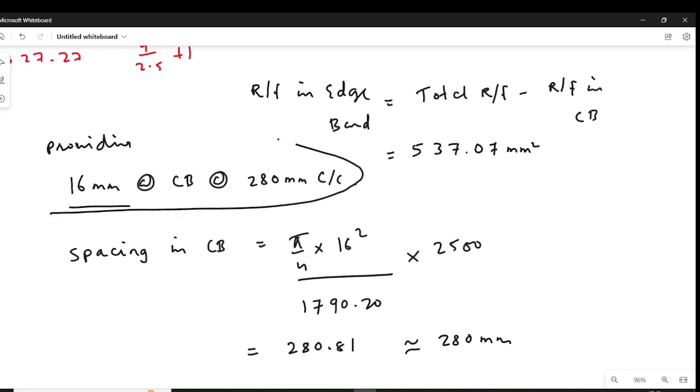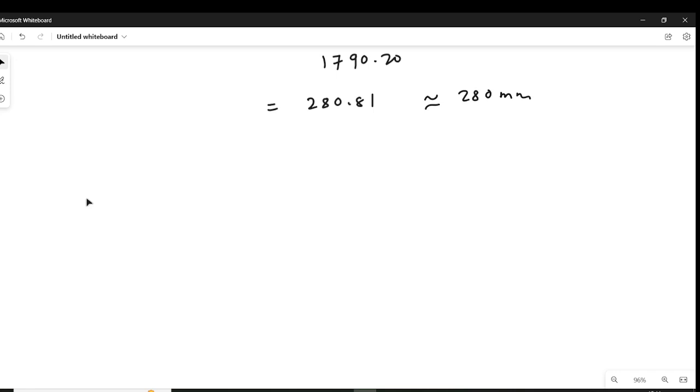So this reinforcement is not provided in all of the shorter direction. This reinforcement is only provided in the central band, which means that we also have to find the spacing in the edge band. So what should be the spacing of the reinforcement in the edge band, that we have to calculate.